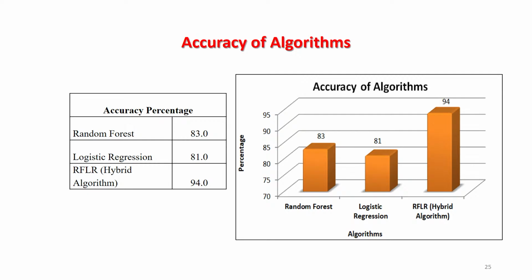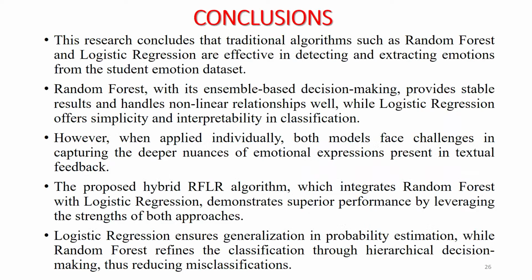So compared with the existing algorithms, random forest and logistic regression, our hybrid algorithm yielded better results. That it yielded better results compared with the other two existing algorithms is the main concept of this research work. Next.